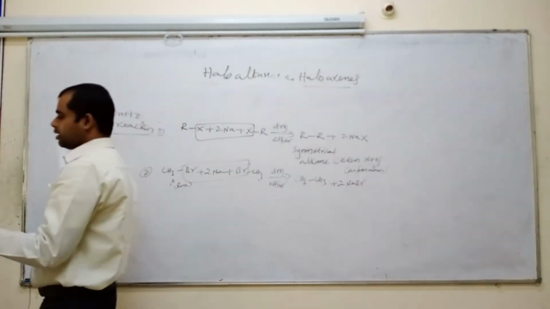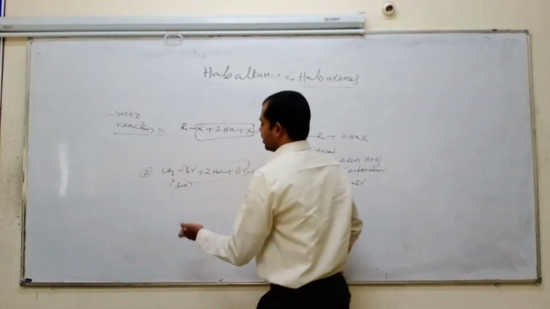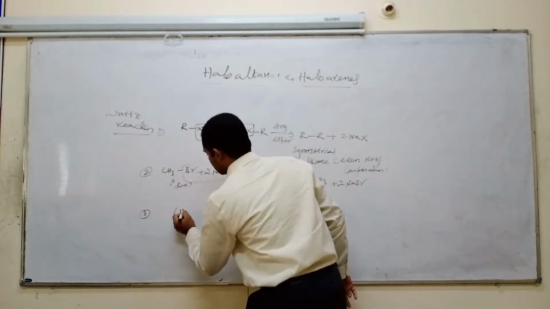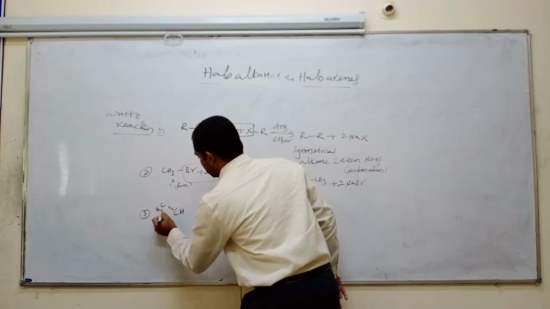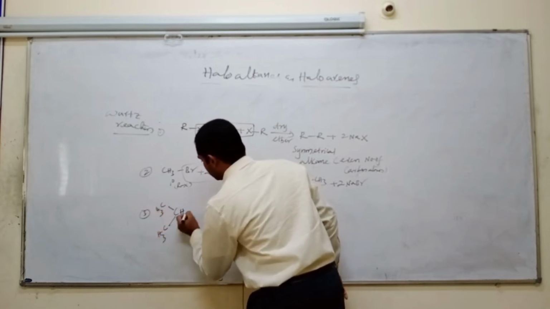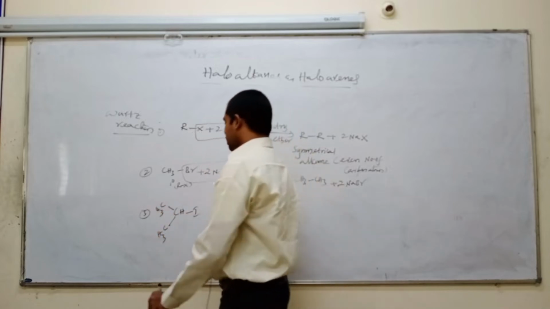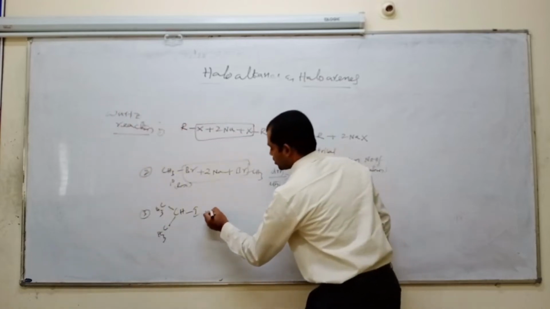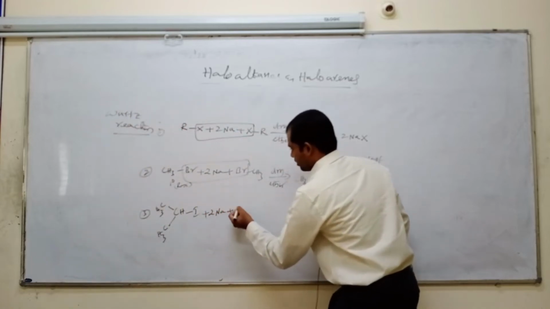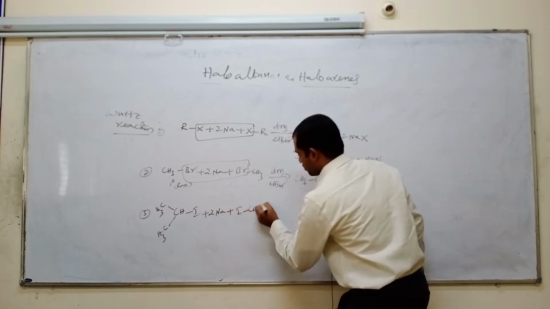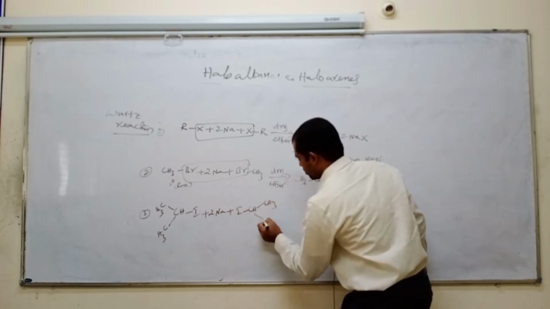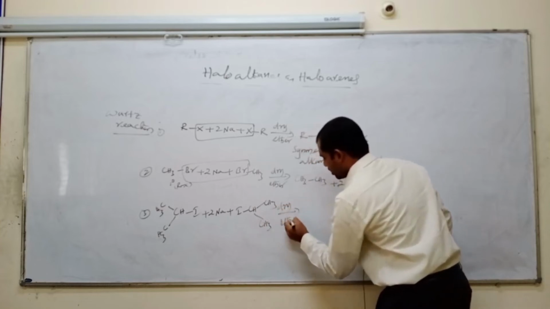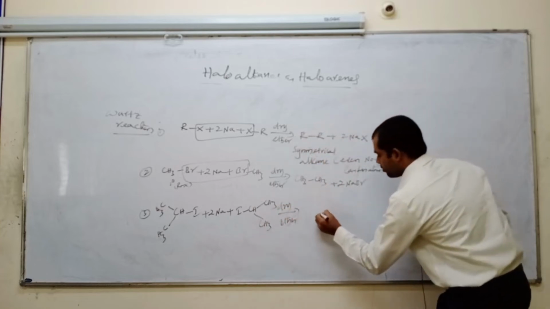Next, if you take another compound, a secondary compound, suppose CH3, CH3 with iodine, the same halogen, reacting with sodium in the presence of dry ether, we can obtain the product.